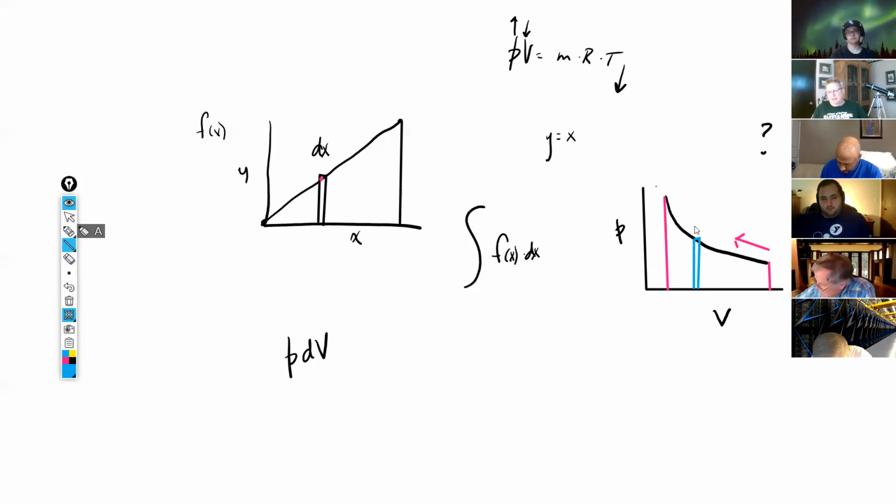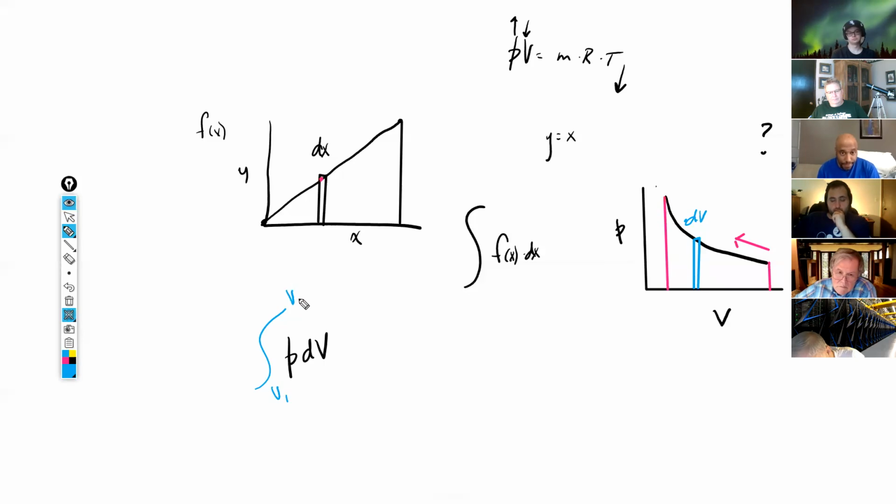How wide is this rectangle? dV, because they're dV wide. And what's the value of the y-axis? P. That's what I said. I'm integrating P times dV.